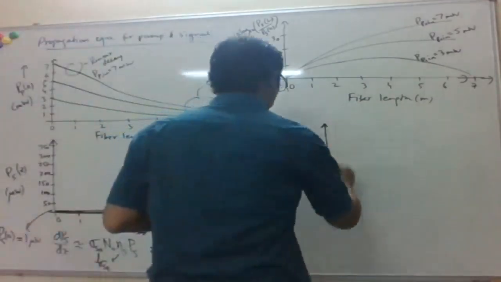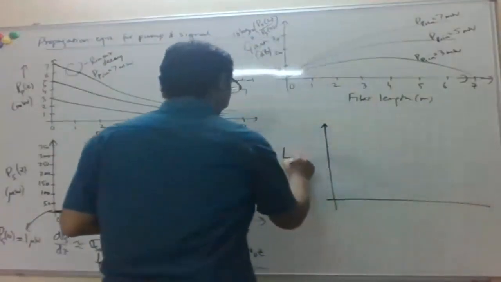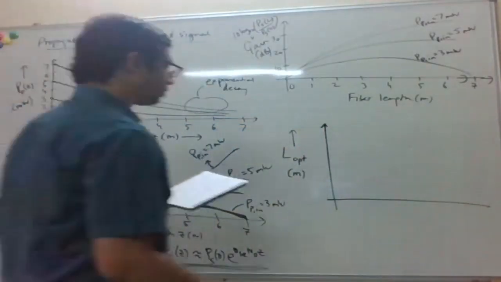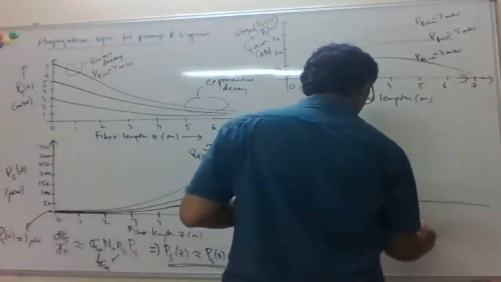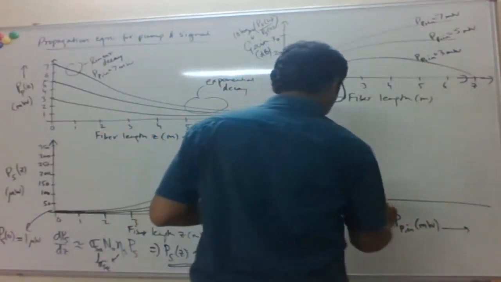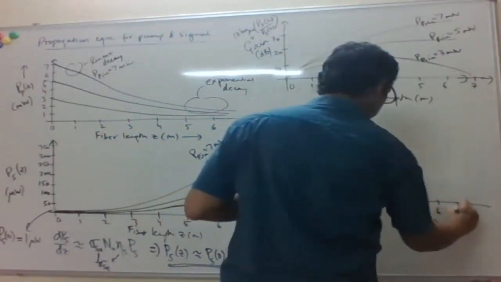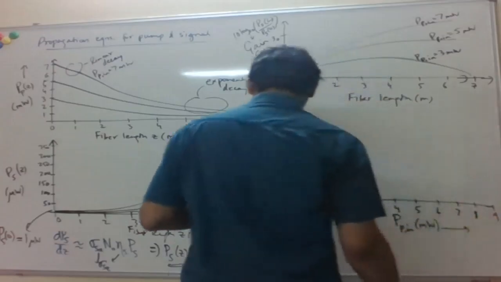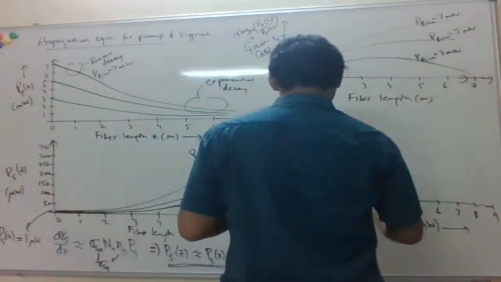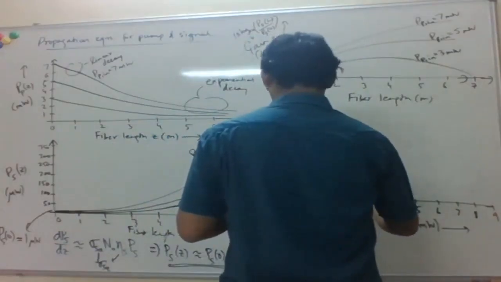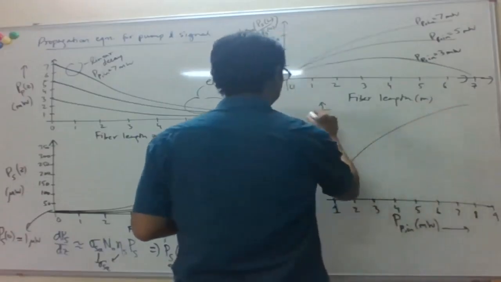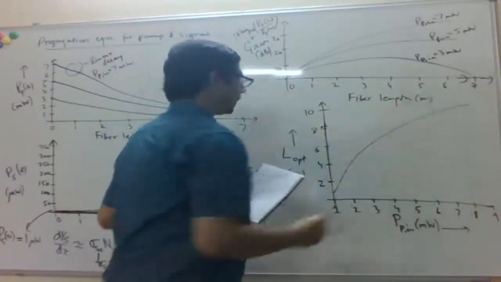So basically from this, if you now plot the optimum fiber length that gives me maximum gain as a function of input pump power, it looks like that.